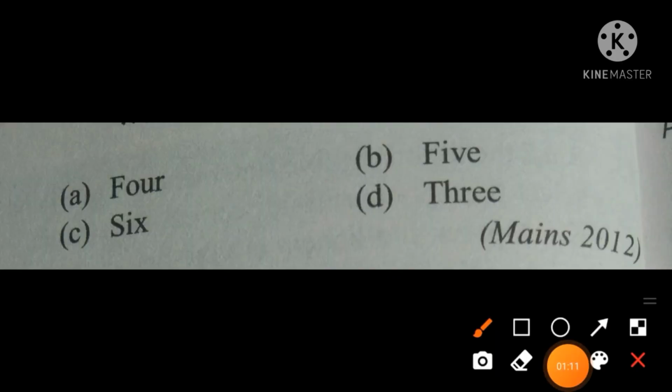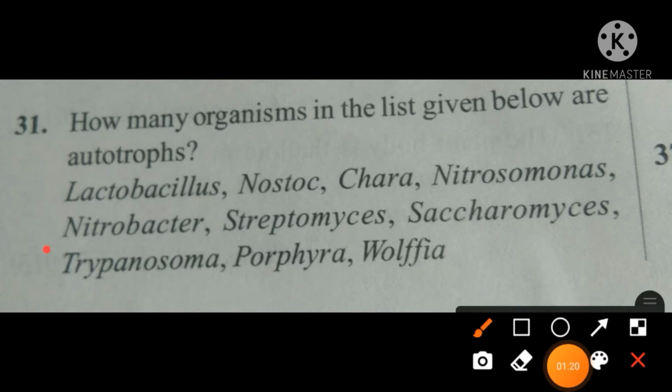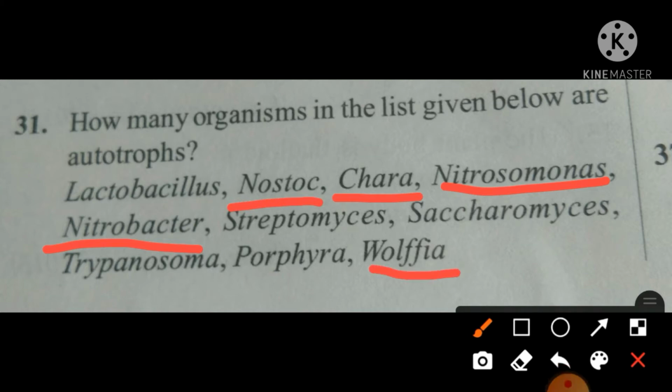So correct answer for this is 6. And those are Nitrobacter, Nitrosomonas, Chara, Nostoc, Wolffia and Porphyra. Total 6. Okay.